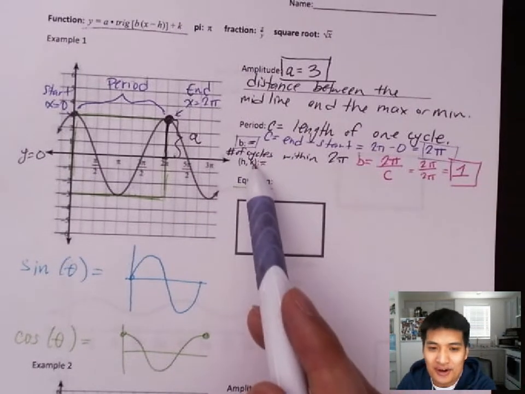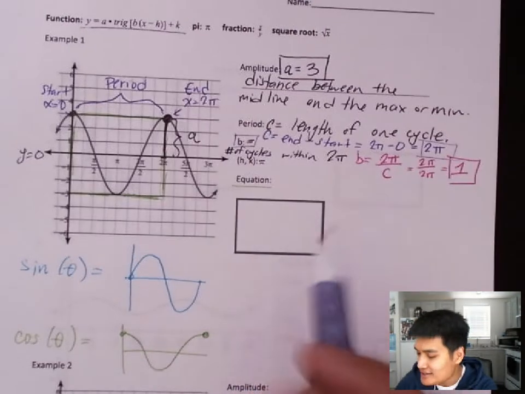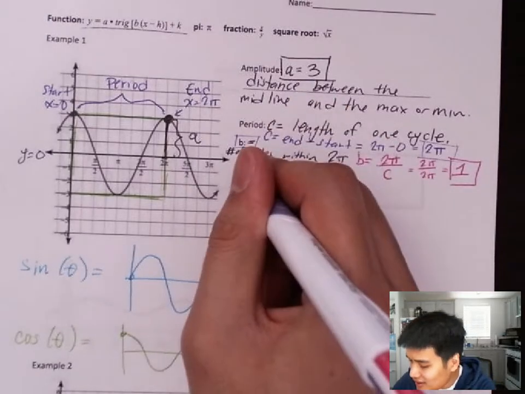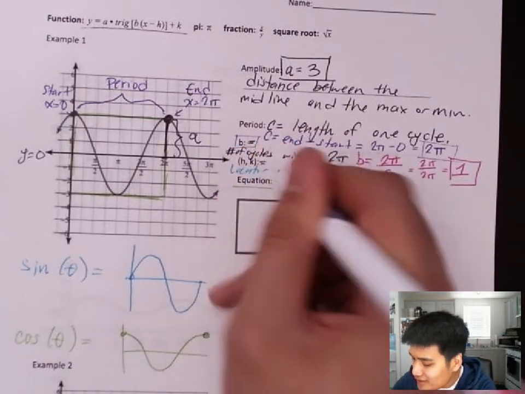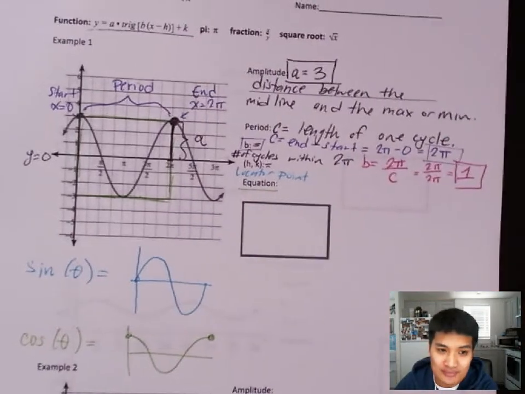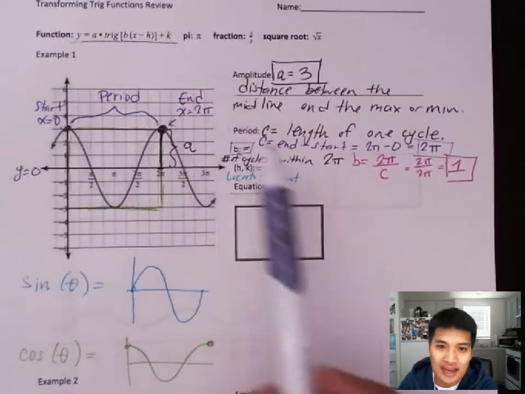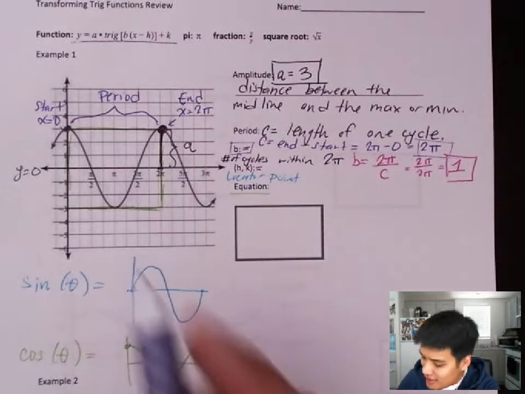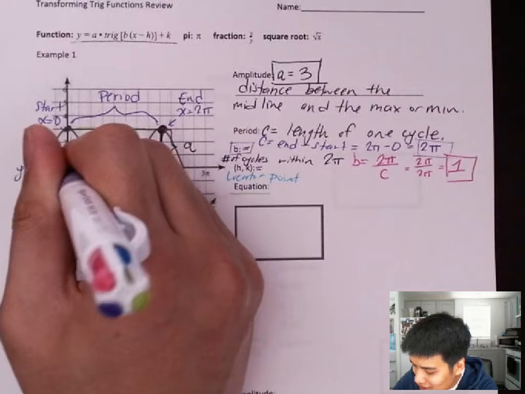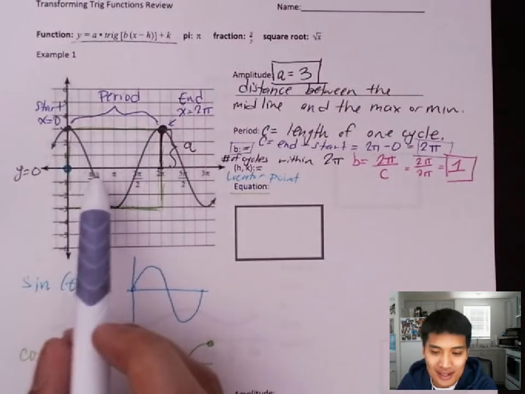Okay, so now we need to determine what h and k is, and in this case, something we need to remember is that this is called the locator point, and it is very different for every single function. But in terms of a cosine function, the locator point is always going to be located on the midline.